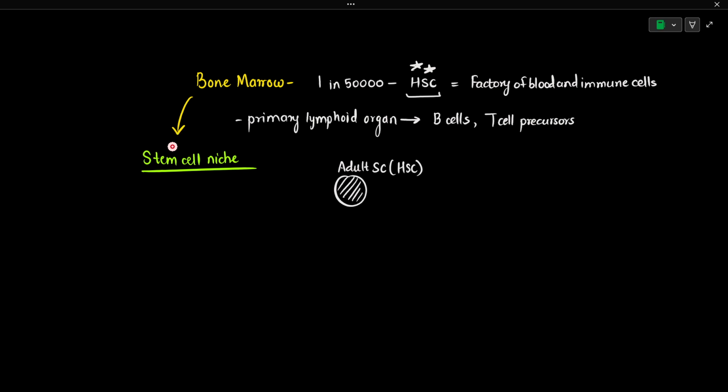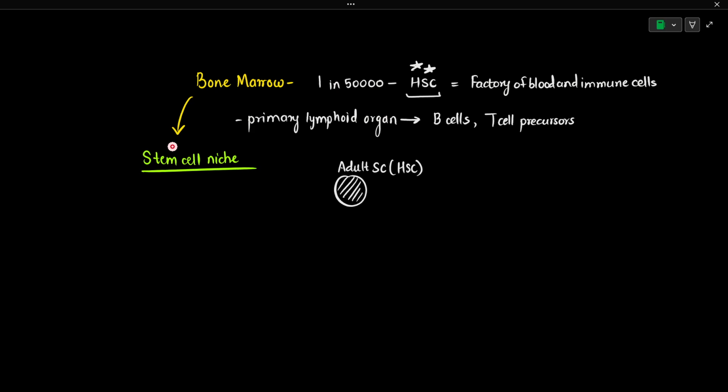If we define the stem cell niche, it's the microenvironment where the stem cell has the ability to self-renew and differentiate, depending upon the cellular function and the structural organization of that particular anatomical area.